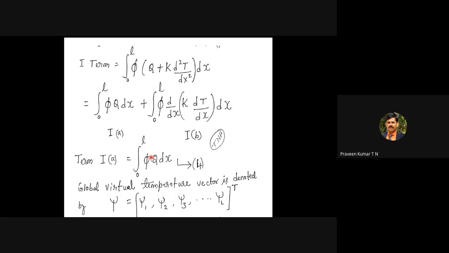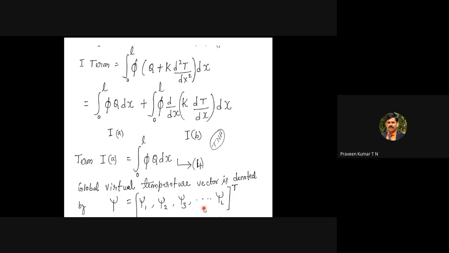That function phi can be expressed in terms of one more vector, referred to as the global virtual temperature vector. Global temperature vector, already you are familiar, T1, T2, T3, but we assumed the temperature function xi1, xi2, xi3, xi4. We assumed the temperature at different nodes.